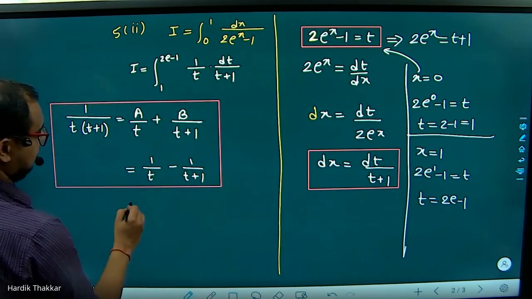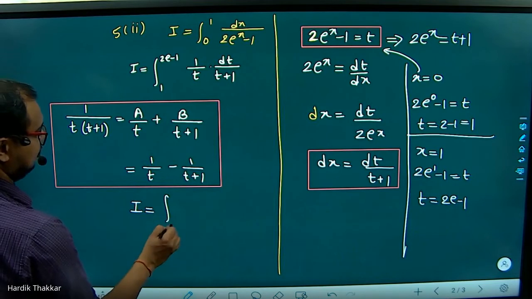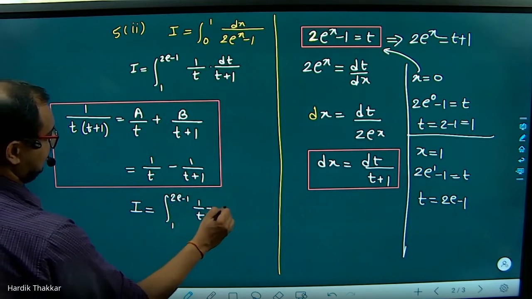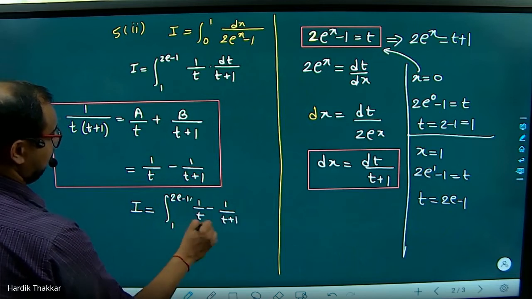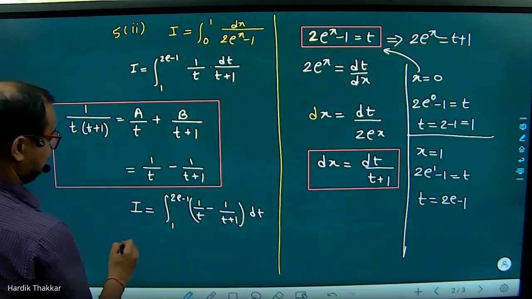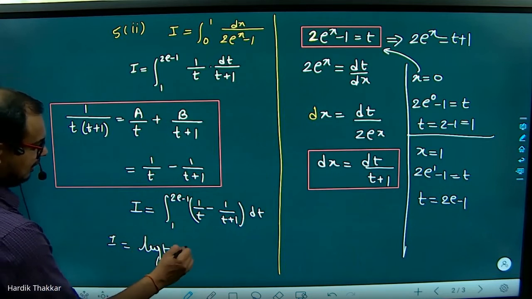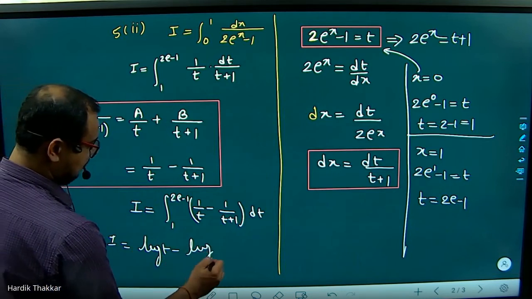And when you put these partial fraction terms here, it will be the integral from 1 to 2e minus 1 of 1 upon t minus 1 upon t plus 1. Further integrate the two terms, and the integration will be log t minus log t plus 1.